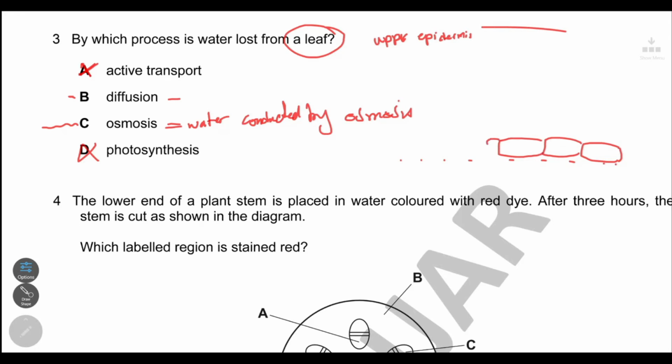Here where we have a guard cell, here also we have other epidermal cells, and here also we have a guard cell. And surely here we have the cuticle layer, and also here we have the cuticle layer. Here surely we have the same cells, but in order to make it faster, I can draw it as well here. Those are the upper epidermal cells.